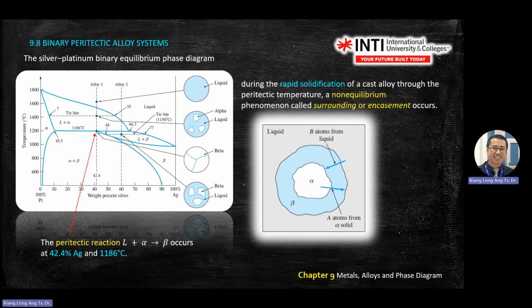So at the end, in total, you get beta. Okay, so that is a peritectic process. You have this encapsulation or encasement because you do it in a non-equilibrium condition, meaning you rapidly cool it down.